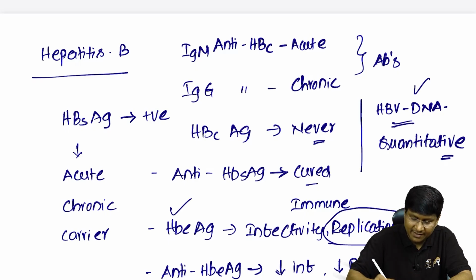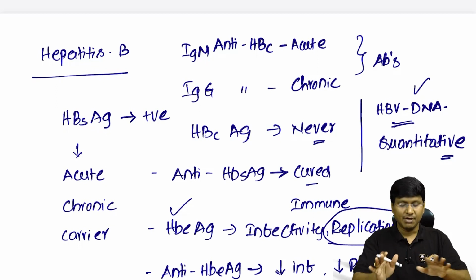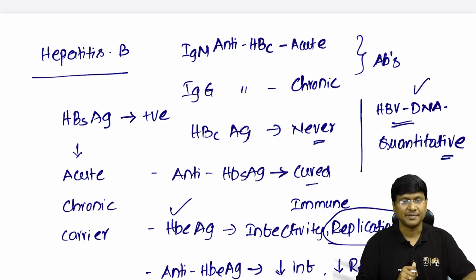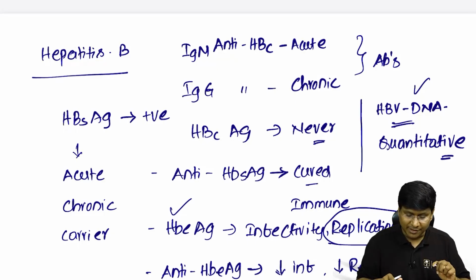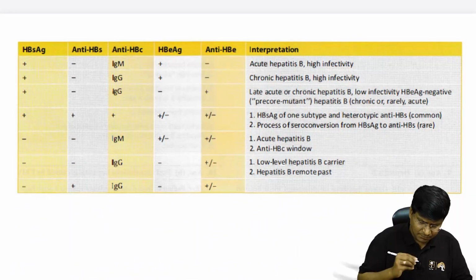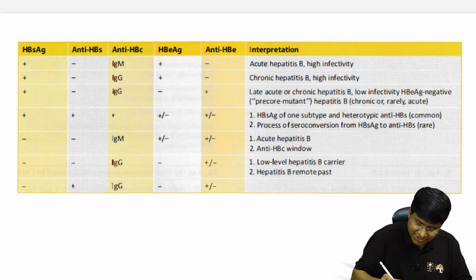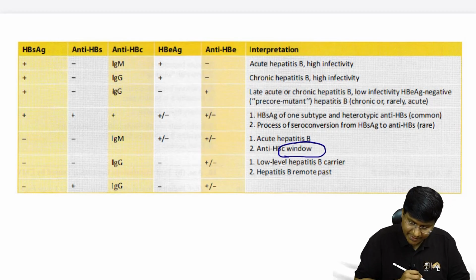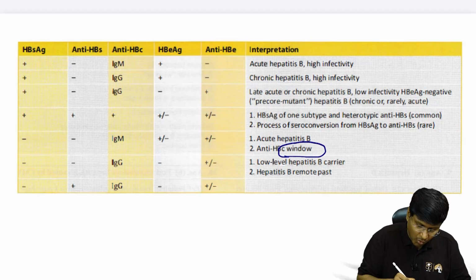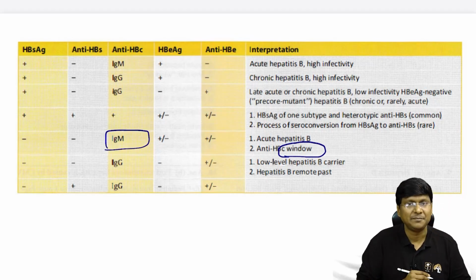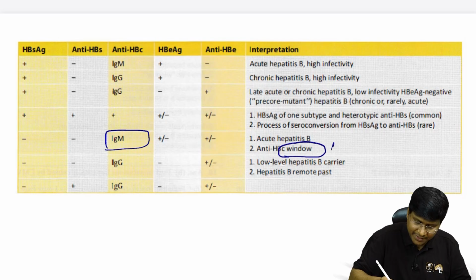Quantitative replication is by the HBV DNA levels. So this is about the serology in case of hepatitis B. And two more important things in the serology: if the patient is in the window period, only IgM will be positive. The window period is also called the gap period.